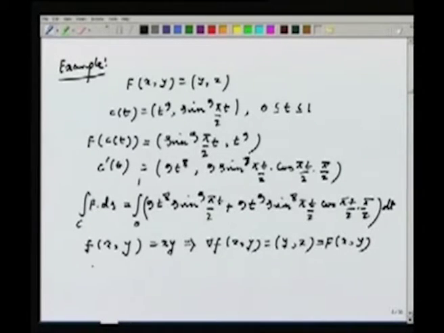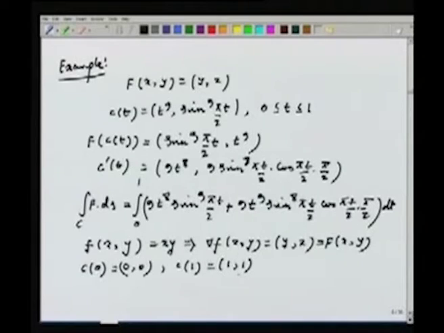And then I notice what is C(0). From the definition of the curve, it is clear that C(0) is (0,0), and what is C(1)? That is again very clear: it is (1, sin(pi/2)^9), that is again (1,1).